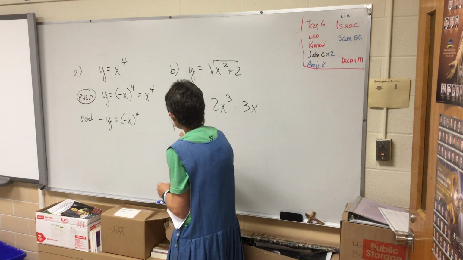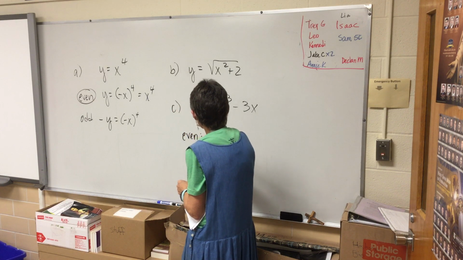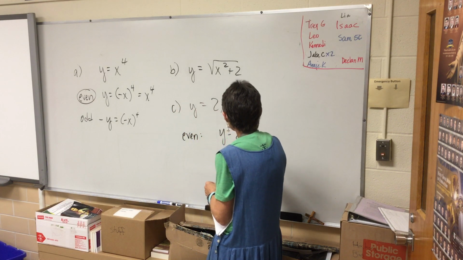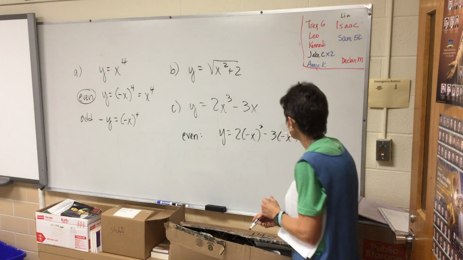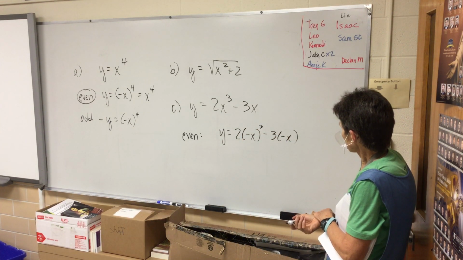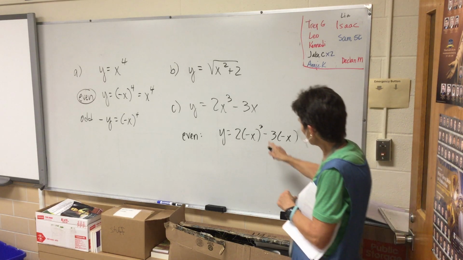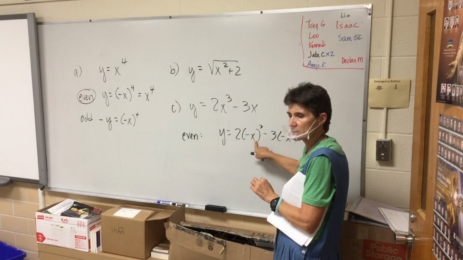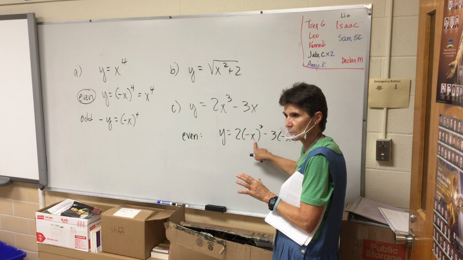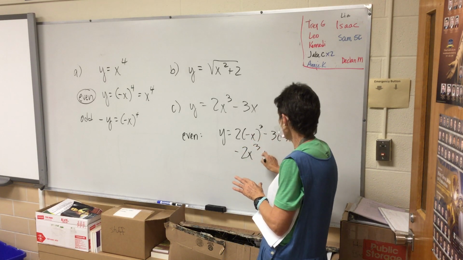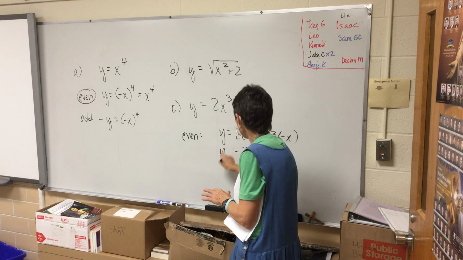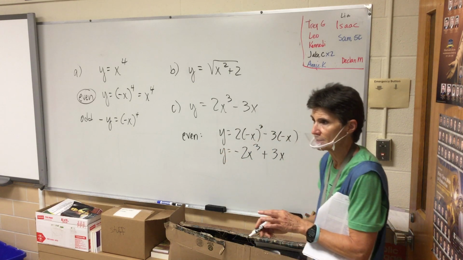All right, so let's check for even first. So y equals 2 negative x cubed minus 3 negative x. Now, what happens when we have an odd number of negatives? It stays negative, right? So this would be negative 2x cubed, and this would be plus 3x. That is not the same as the original, is it?